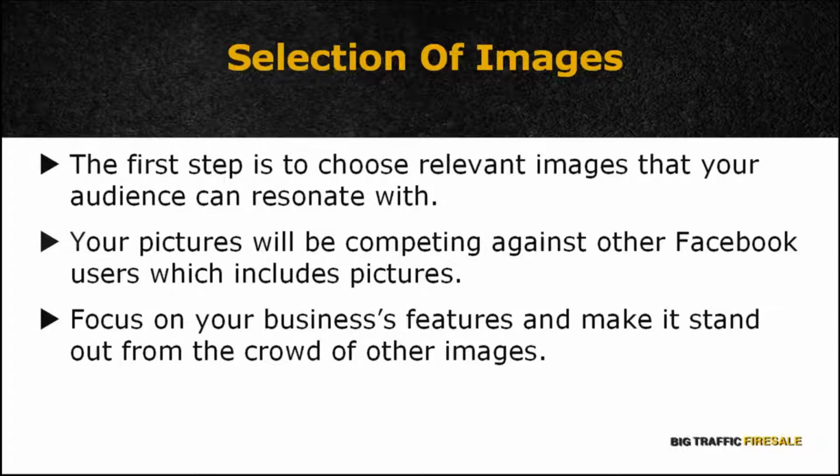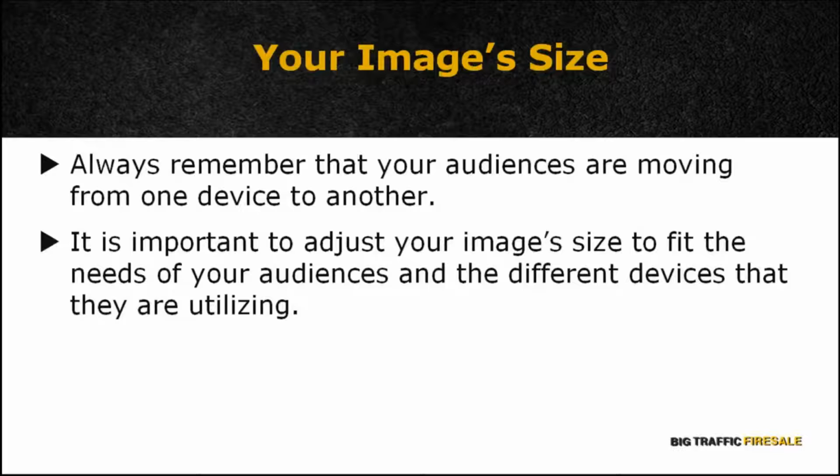This brings us to our second step, which is getting familiar with your advertisement size. Always remember that your audiences are moving from one device to another. They can be on their computers, and 5 minutes later, they can switch to their mobiles. Hence, it's important to adjust your image's size to fit the needs of your audiences and the different devices that they're using.